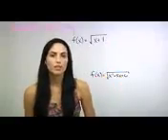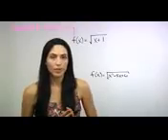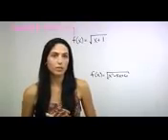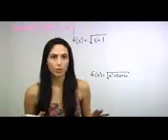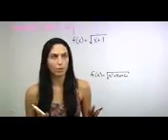Now let me show you what to do if you have just a square root in your function. I'm going to focus on a square root, but this is true for any even root, a 4th root, 6th root, etc. It's not true for odd roots like 3rd root.